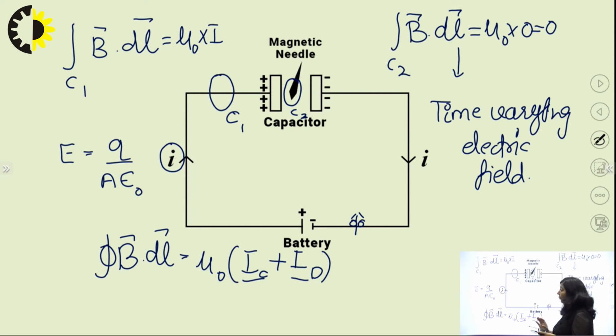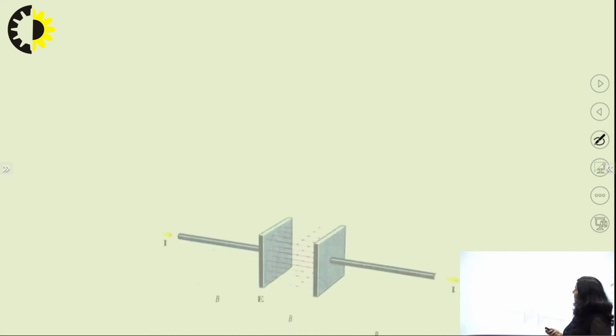So I hope up to now it is clear that in a circuit where you have this parallel plate capacitor, in the connecting wires we have conduction current, whereas in between the two plates of the parallel plate capacitor we again have a magnetic field, but that magnetic field is because of time varying electric field, and that magnetic field is related to current, and that current is known as displacement current. So that is the basic idea, and this is the modified form of Ampere's law.